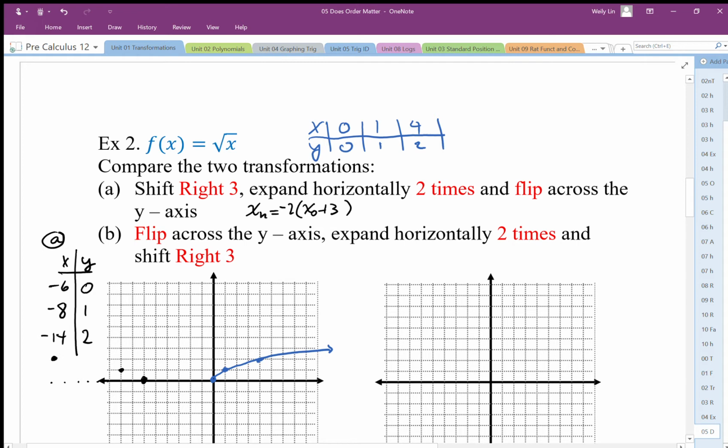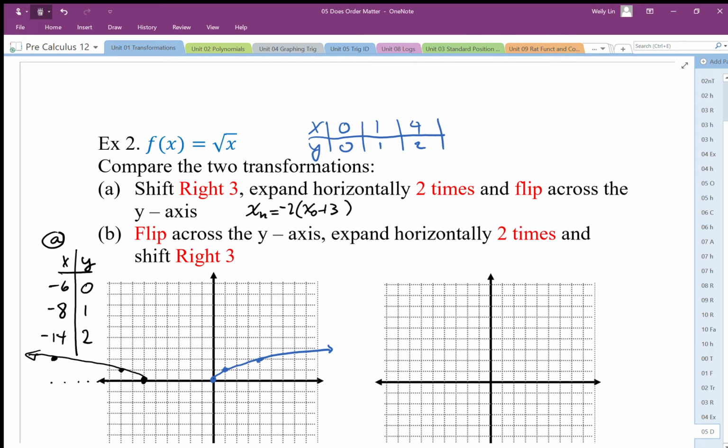So this graph has been shifted to the right first, expanded horizontally next, and then flipped across the y-axis. It got shifted, stretched, and then flipped to the other side. So there's my graph. That's what this order gives me.